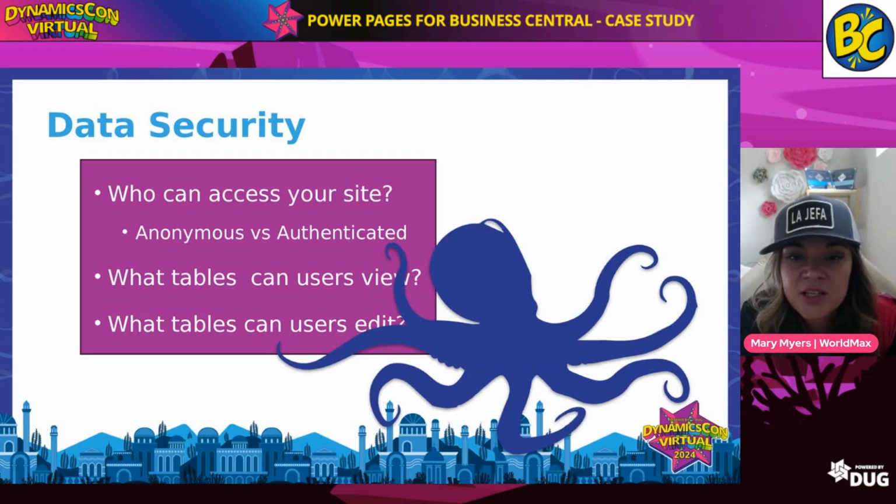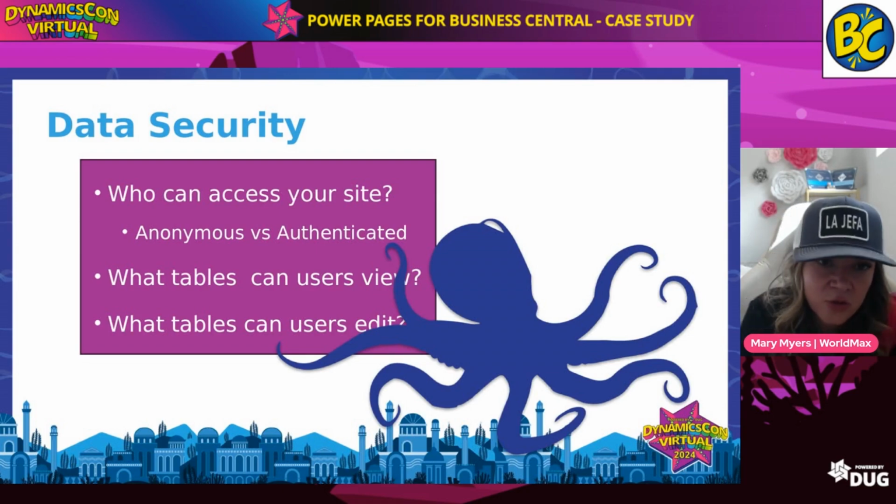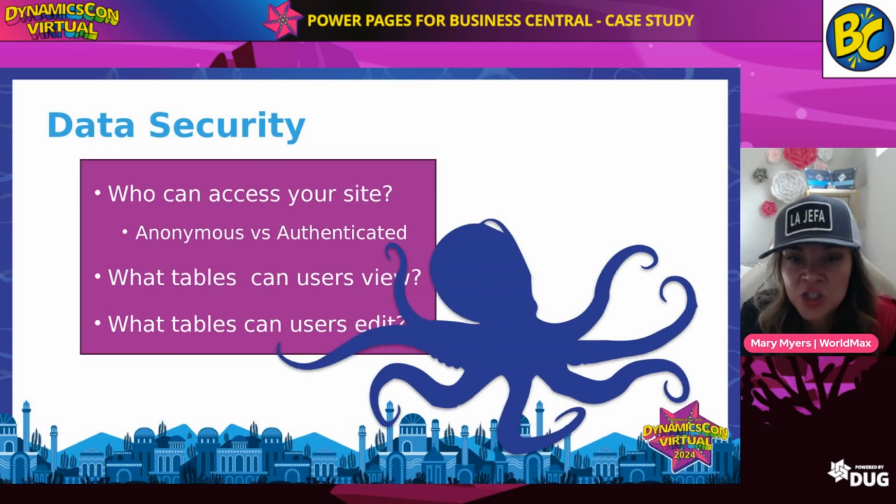You also want to take a look at what tables your users can actually view, right? Just because somebody has access to Power Pages, are they going to be able to see your GL history and your bank account information? Or do you just want them to be able to see, like in our case, a very specific table?